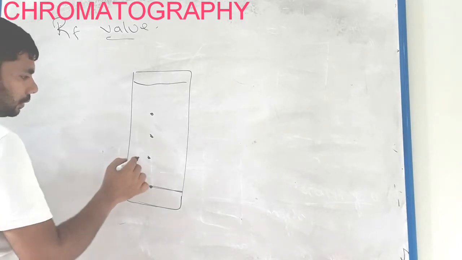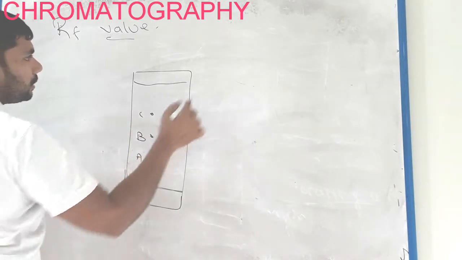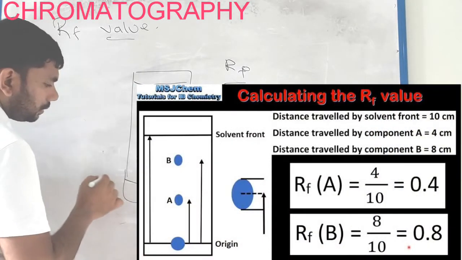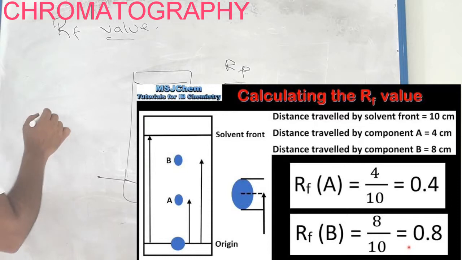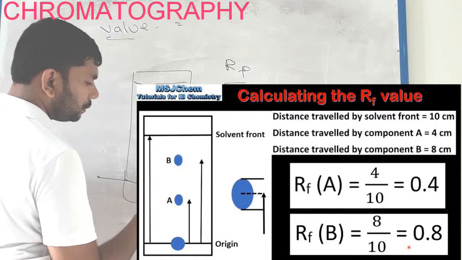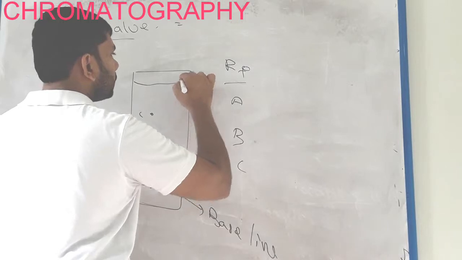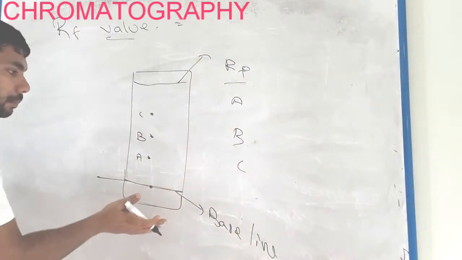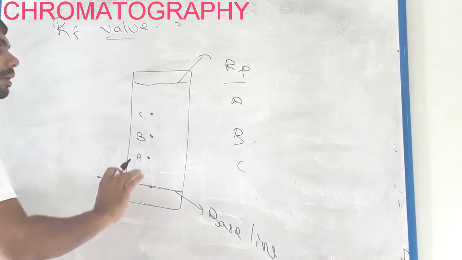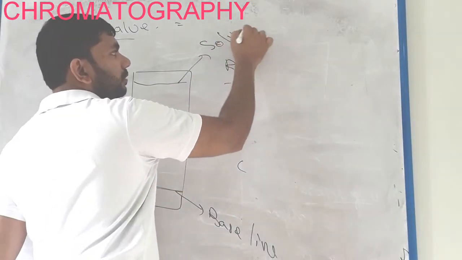Imagine these are spots A, B, C. We want to find the Rf value for A, B, C. To find the Rf value, the equation uses the distances. This is the baseline, and the solvent will move through the chromatographic paper till a particular level. This is the solvent level, and this is called the solvent front.